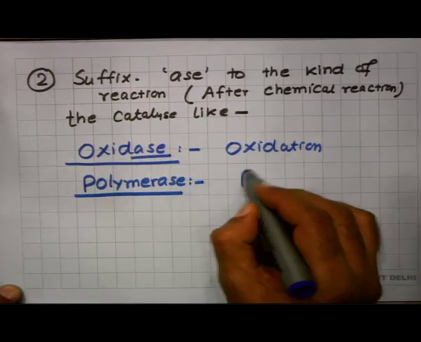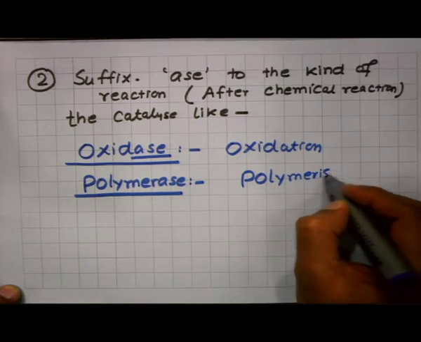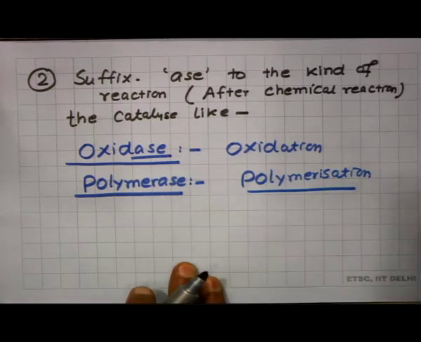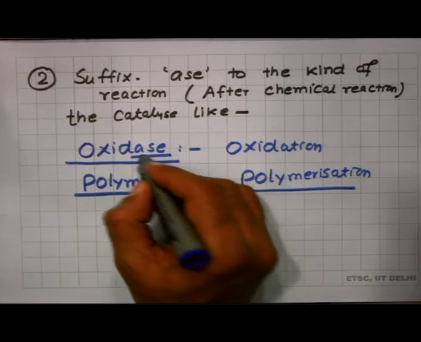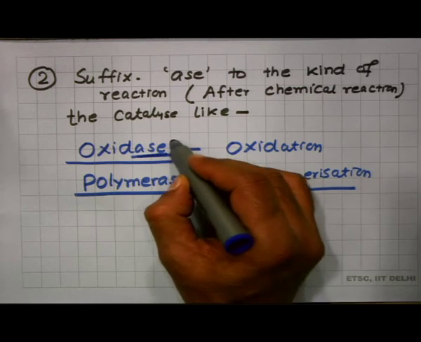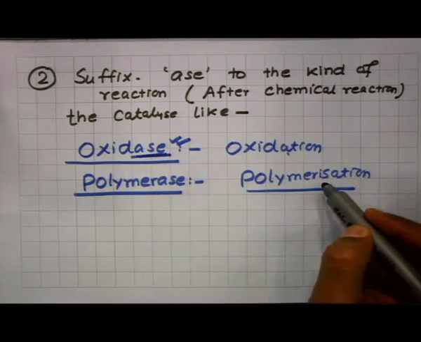That is polymerization. So, the suffix ase is added at the end of the chemical reaction: oxidation, oxidase; polymerization, polymerase.